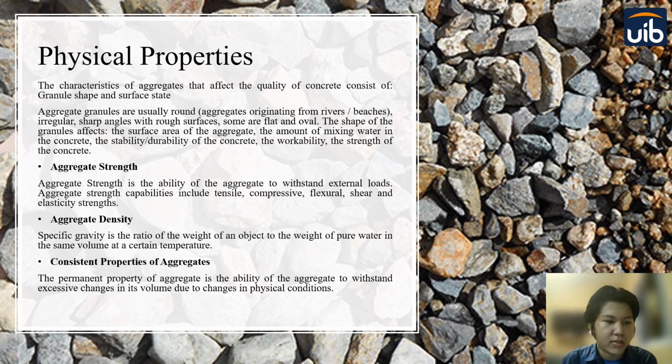Specific gravity is the ratio of the weight of an object to the weight of pure water in the same volume at a certain temperature. Consistent properties of aggregates. The permanent property of aggregate is the ability of aggregate to withstand excessive changes in its volume due to changes in physical conditions.